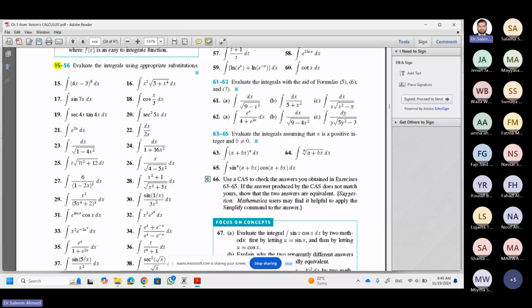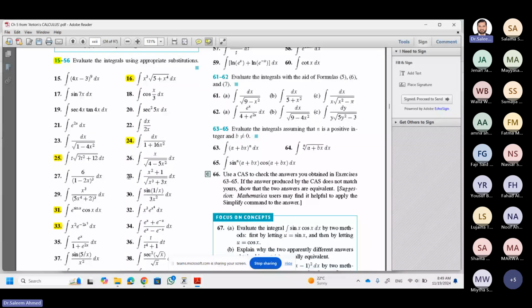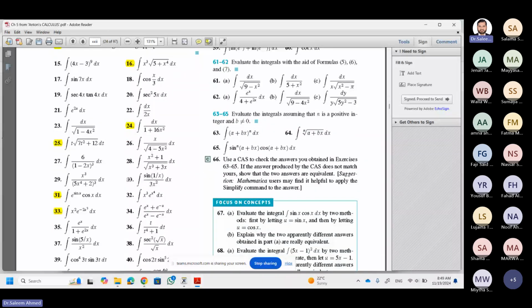We can do this one, or maybe 25, 31, 33. This 30th may be better.